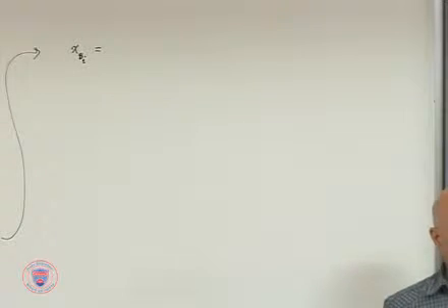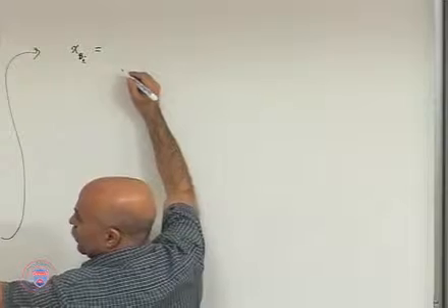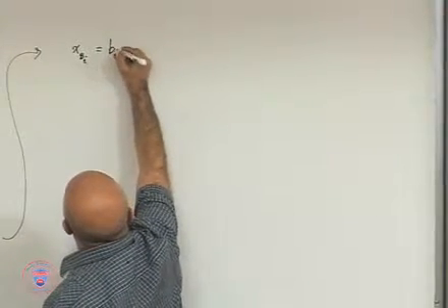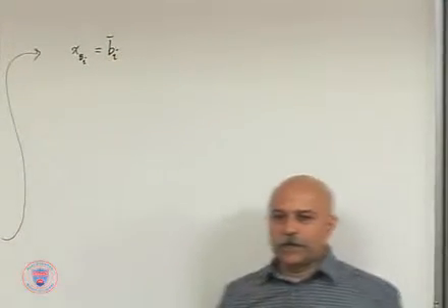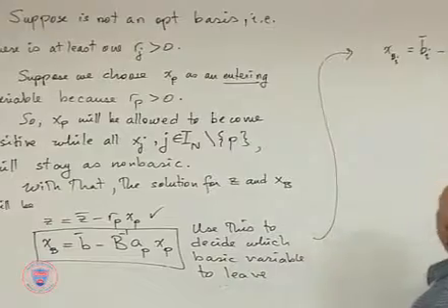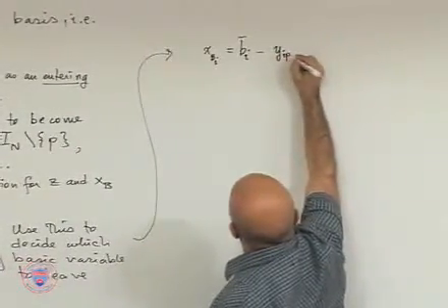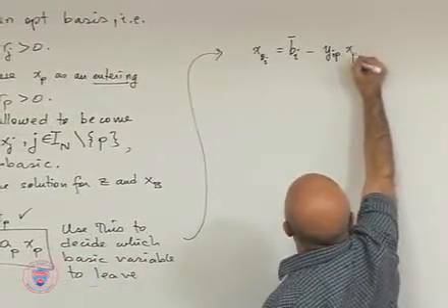Okay? That's the indexing convention. All right, so x_{B_i} is equal to the current value, bi bar, whatever that constant is, minus B inverse Ap, which I'm going to call yip for the ith one, times xp.